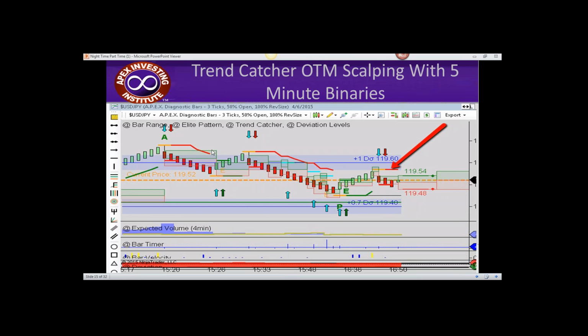See these squares here? Those are 5-minute time frames. These are your bars. What happens right here? When you get a red arrow signal, that probably means sell, right? Boom, what happens? You enter a 5-minute binary. Each one of these bars is a tick down. So boom, sell signal, 1 tick, 2 ticks, 3 ticks.